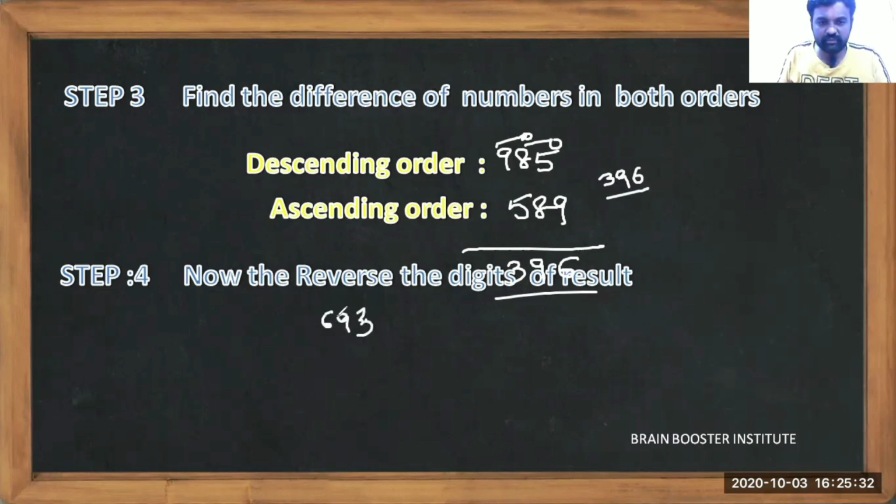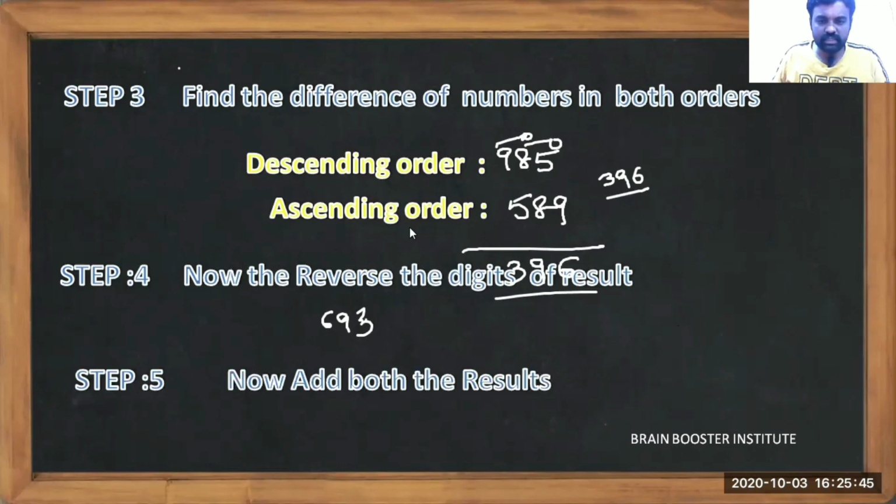And in step 5, you might know that, let us add both: the result in step 3 and the result in step 4. Now add both the results. We get 693 and 396.